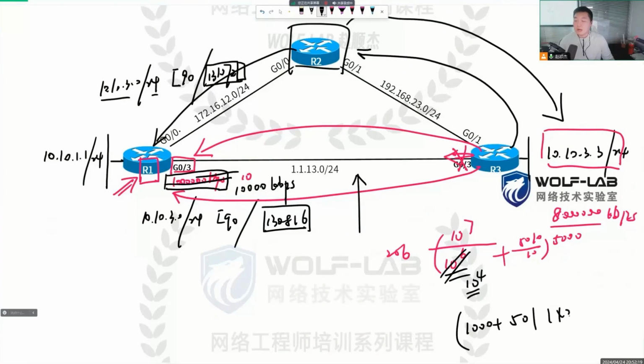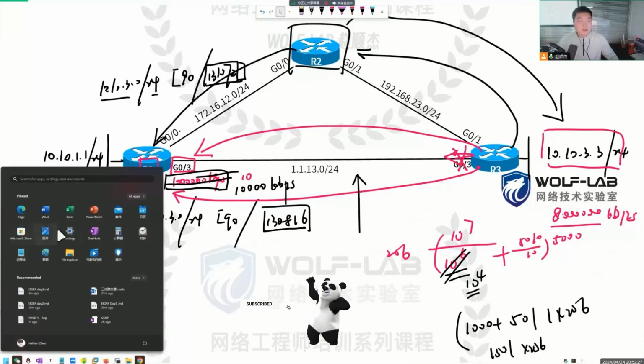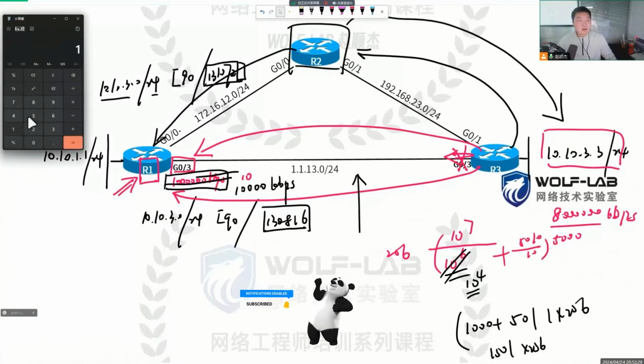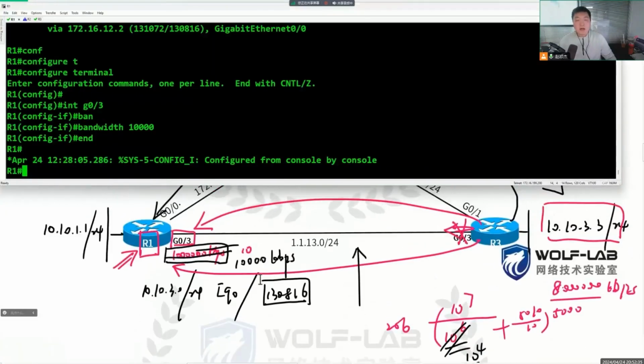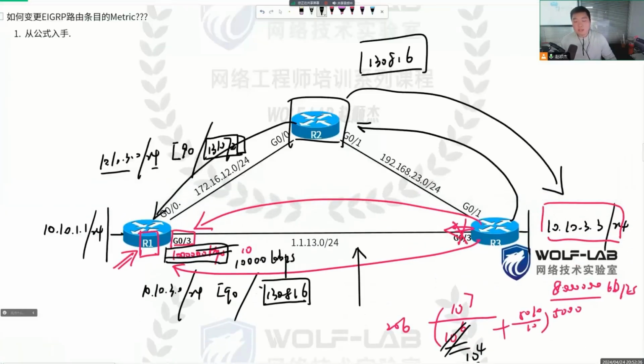It's a bit difficult to calculate, so 1501 times 256, let's use a calculator. 1501 times 256 is 384256. At this moment, R1 receives the route entry directly from R3, and the metric will change to 384256.